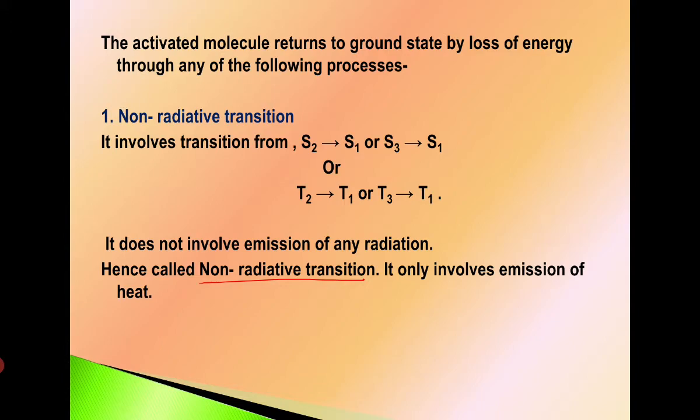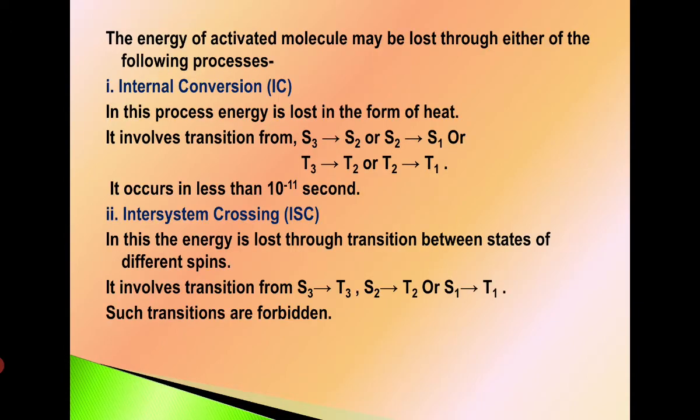This involves only the emission of heat. No light radiations are emitted in this process. How is the energy of the activated molecule lost in this process? It is by two methods.